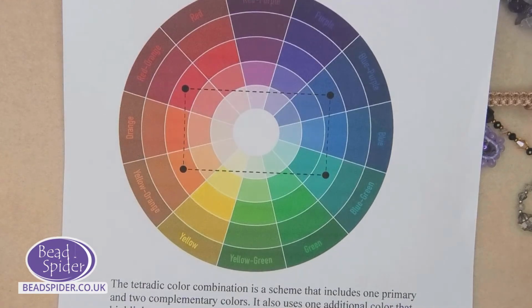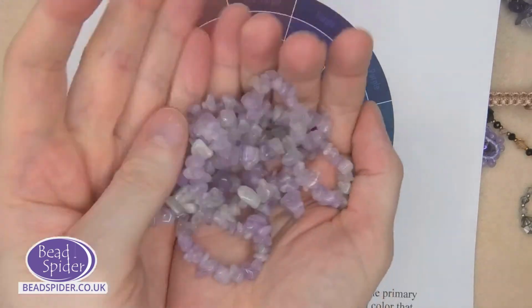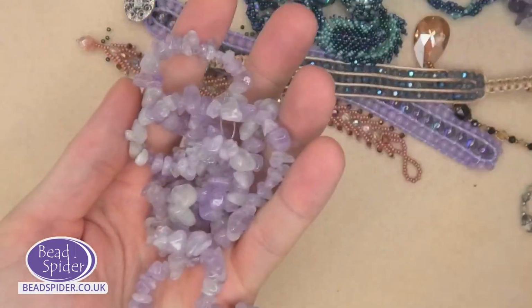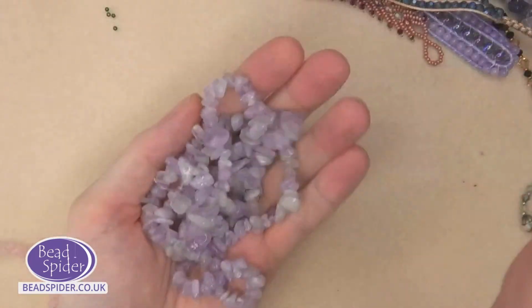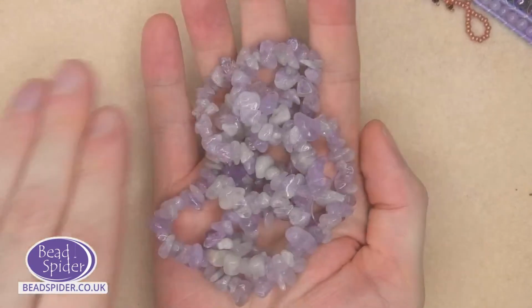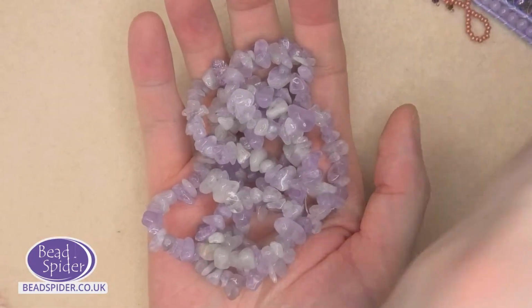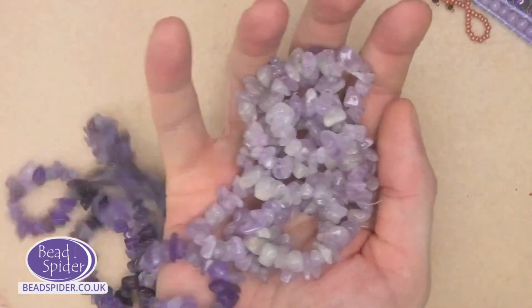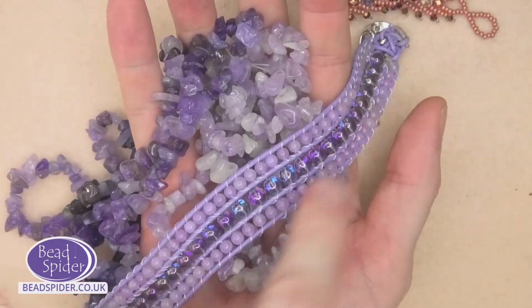Just say you've got something that's this light purple color here, which let's hope will show the color nicely. You could do your secondary colors around it. You could put in some darker purple with it, like what we've done here, where you've got the light purple and a dark purple running through.